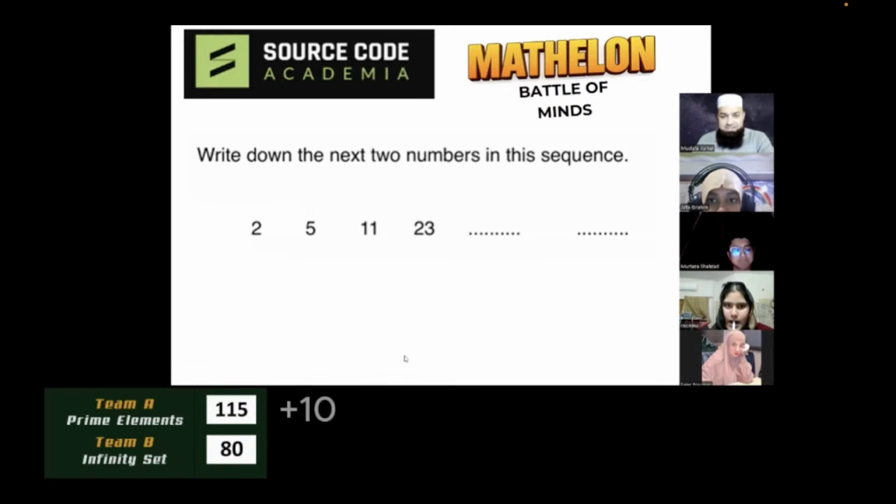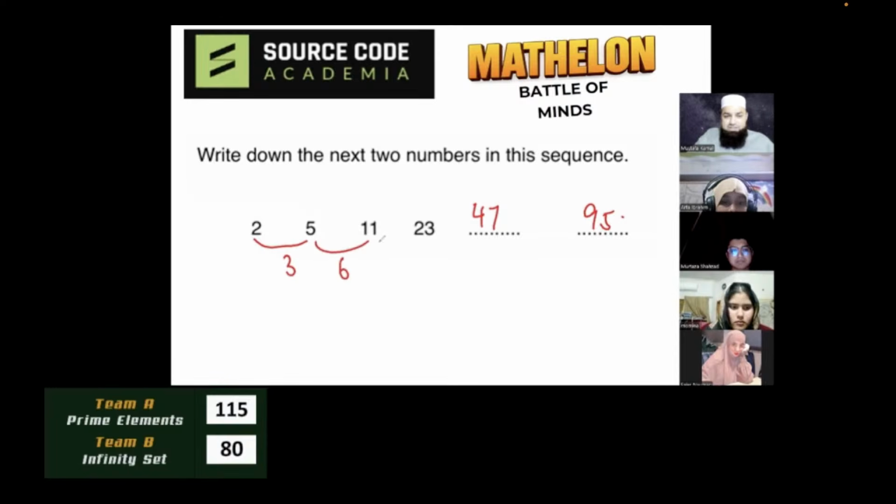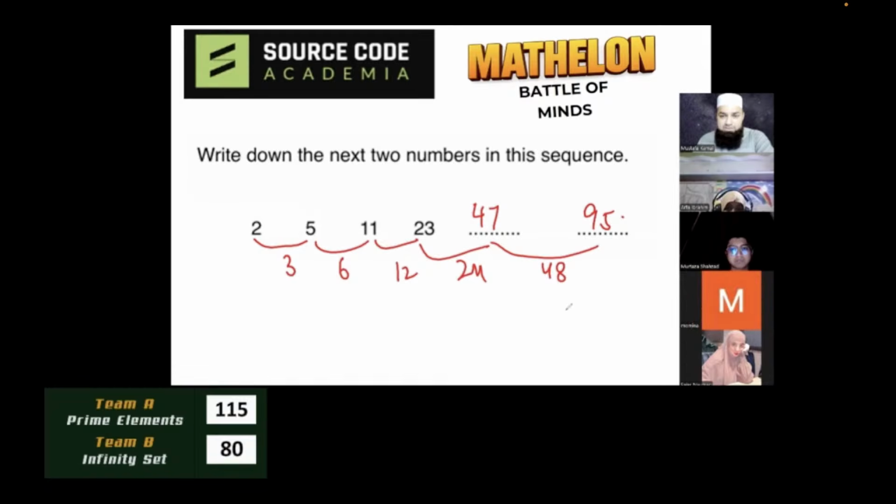That is the correct answer. The difference is 3, then double it, 6, then double it, 12, then double it, 24, then double it, 48. So this is how Momina calculated the next two numbers in this sequence, 47 and 95. Well done, Momina.